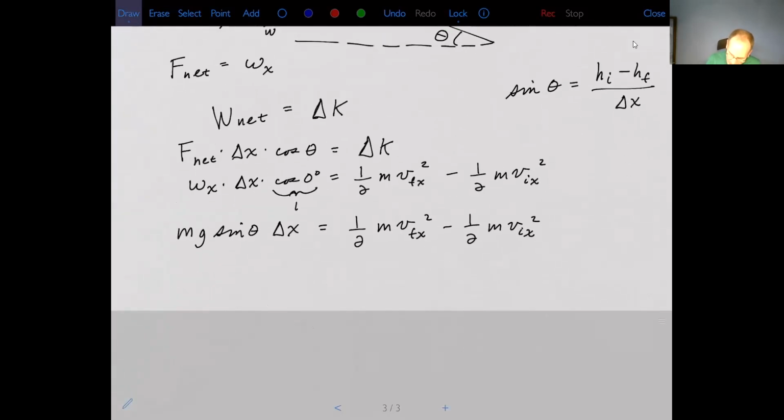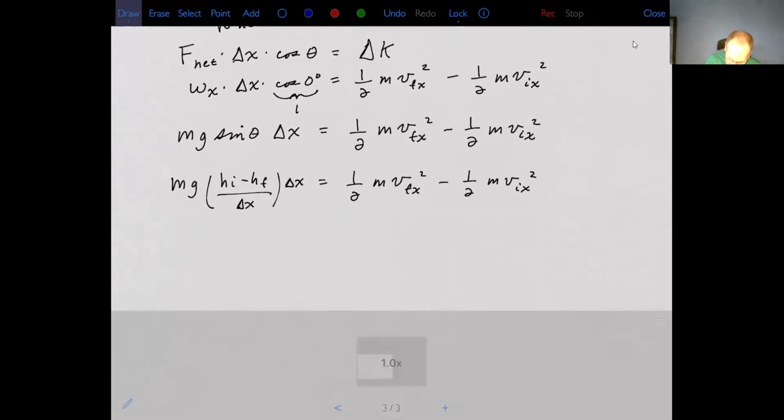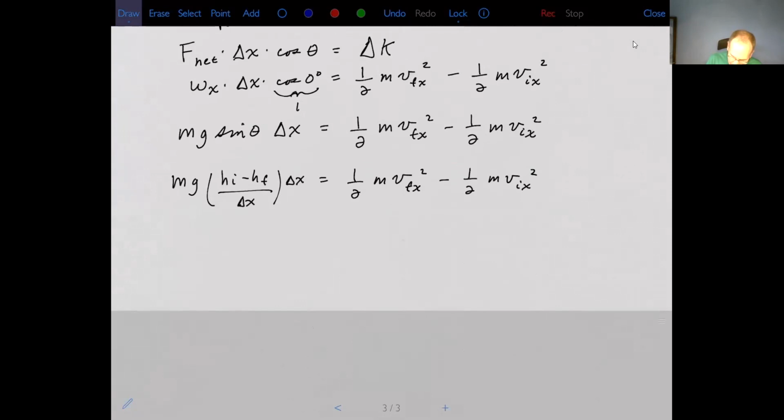So if I substitute this value in for sine theta here, this will be mg times h initial minus h final over delta x, and then I multiply by delta x, and it's again equal to the change in kinetic energy. It turns out the delta x's cancel.